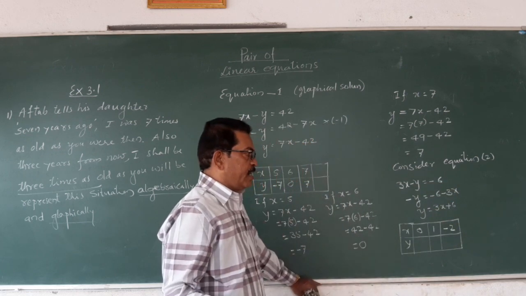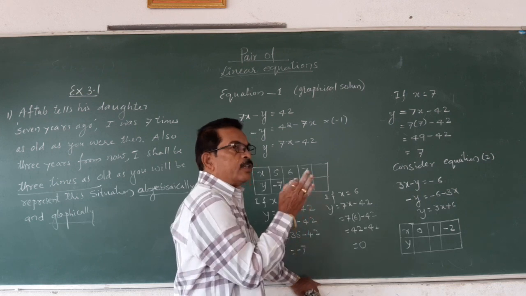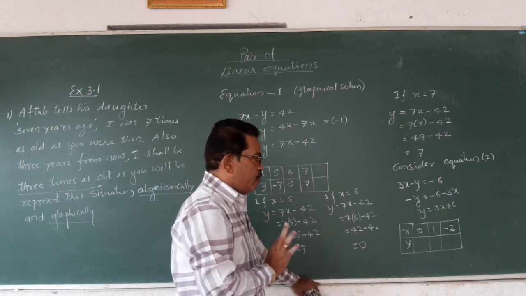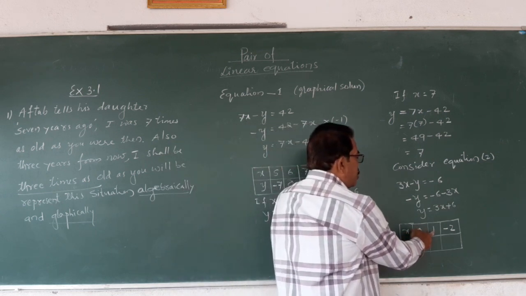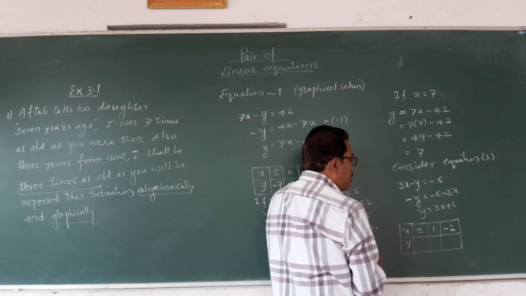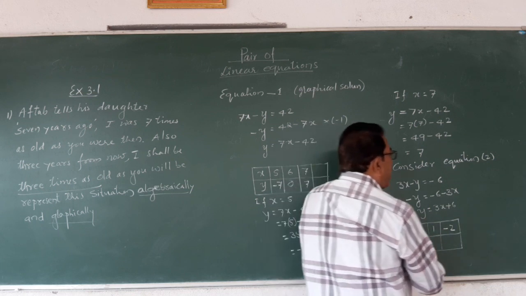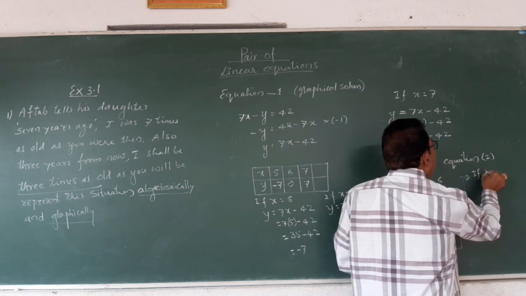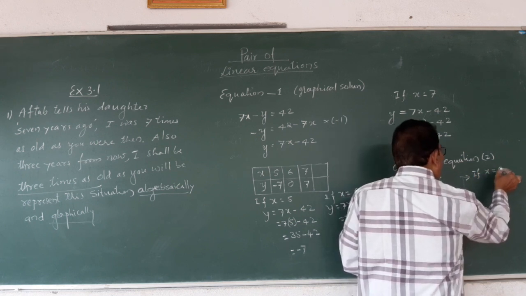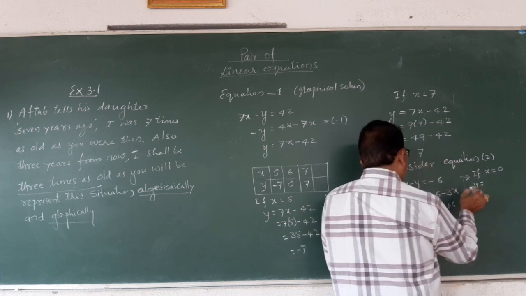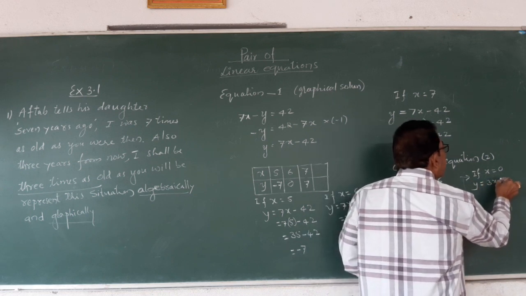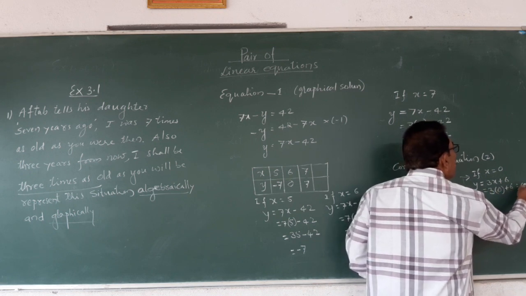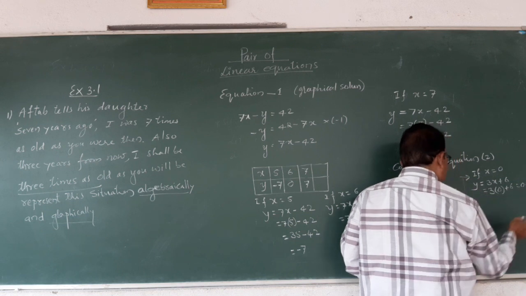Whatever value you can take, but those values should be representable in the graph. So I have considered x equals 0, x equals 1, x equals minus 2. Let us find the value of y. If x equals 0, then y equals 3x plus 6, 3 into 0 plus 6, that equals 6.